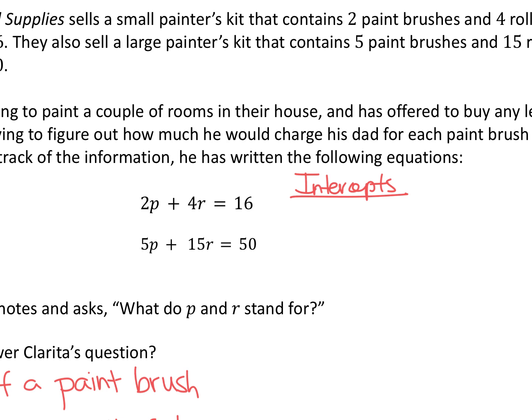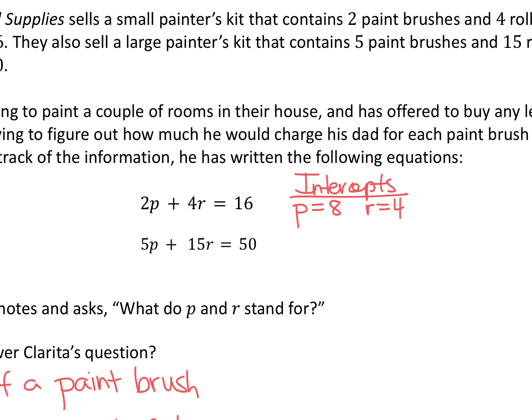So I would know that my intercept for P is 8, right? 16 divided by 2 is 8. And then I would set 2P to be 0, and then divide 16 by 4. And then I would know that my intercept for R is 16 divided by 4, which is 4.